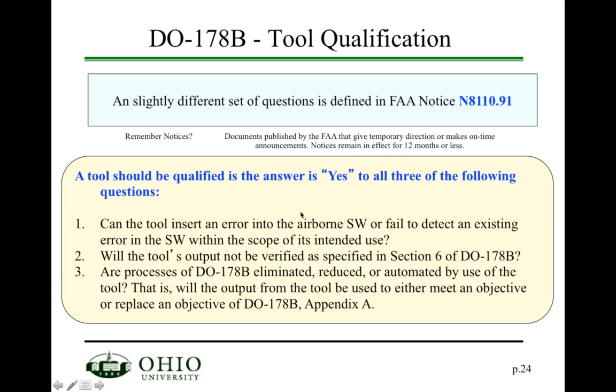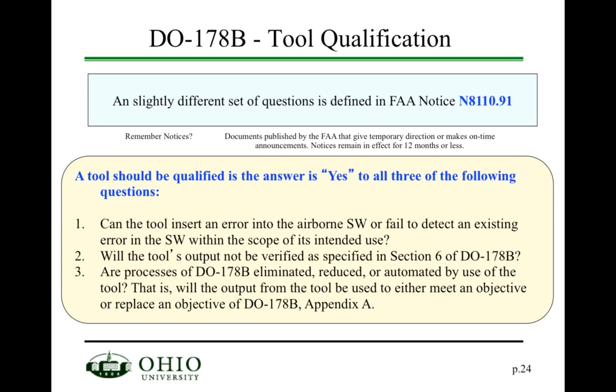This really means, is it a development tool or is it a verification tool? And then, will the tool's output not be verified? In other words, are you not going to look at the tool's output and make sure it's fine? And are processes eliminated, reduced, or automated? So if the answer is yes to all three of these questions, then the tool should be qualified.